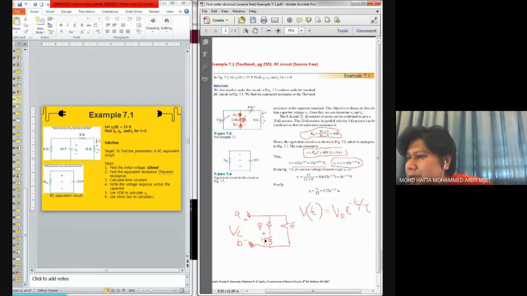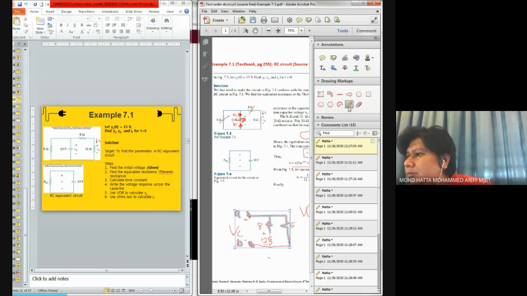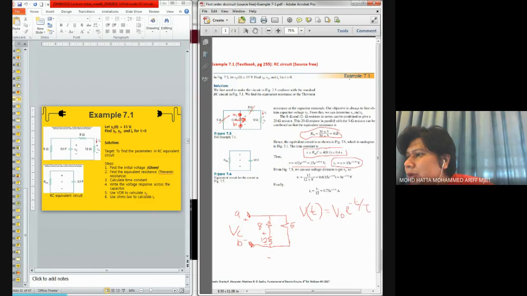The voltage across here can be calculated using two options. Whether you know the current flowing through this branch and then multiply it with this 12 ohm, or you can also use the voltage divider rule.